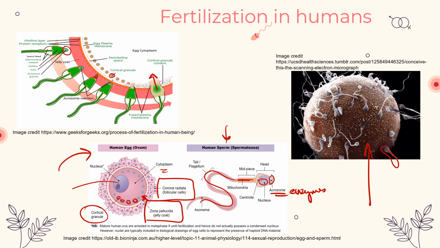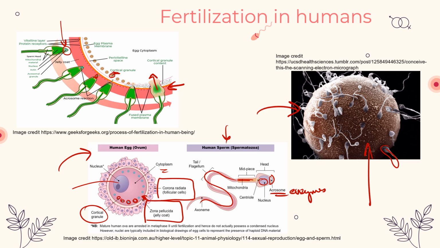These granules of cortical are going to be released into the zona pellucida. The cortical plus the zona pellucida is going to result in the hardening of that jelly coat into not jelly anymore, but a layer that the acrosomes can no longer get through. That is going to prevent multiple sperm from trying to fertilize that egg.